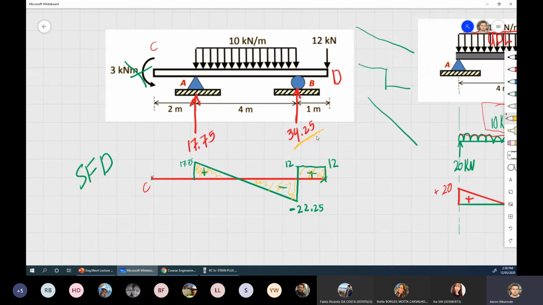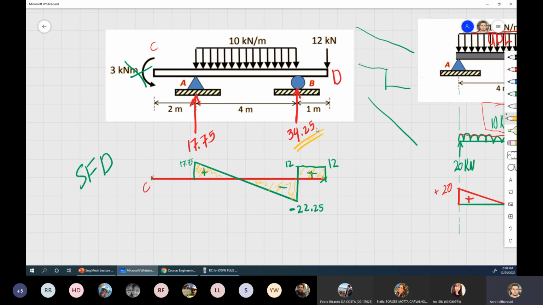It went up because, look at it, we had a point load acting upward. What did we agree on a point load acting upward? What would that do for the shear force diagram? It will make it jump by that value. We were at negative 22.25, and that jumped by 34.25, went to 12.